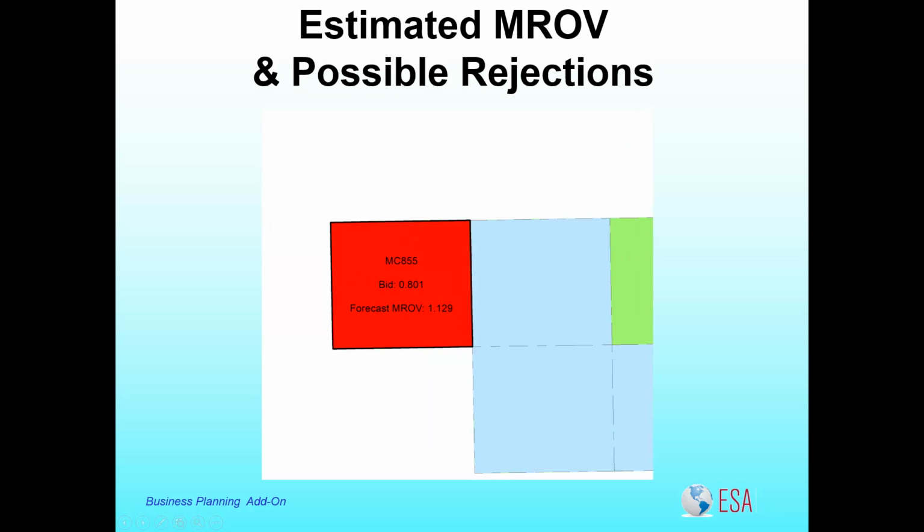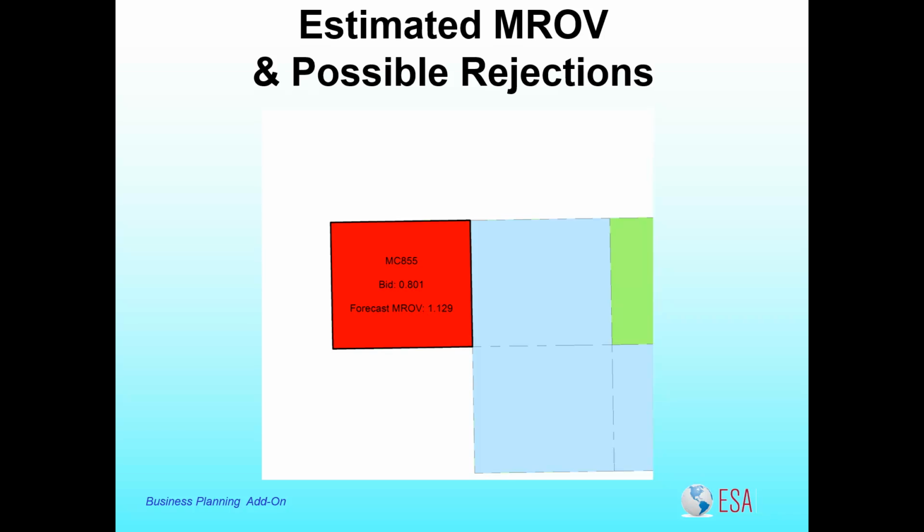If you bid below what we forecast as the MRV, again, what we've done is we've looked at general statistical trends, and this is what we've come up with. And if you disagree, that's fine. You, as an individual with expert knowledge, have certainly analyzed a particular block more than we have.